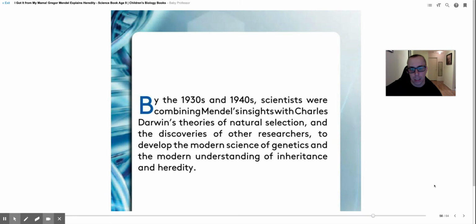By the 1930s and 1940s, scientists were combining Mendel's insights with Charles Darwin's theories of natural selection and the discoveries of other researchers to develop the modern science of genetics and the modern understanding of inheritance and heredity. Now, Charles Darwin, we will learn about in future units this year, and he happens to be my favorite scientist.